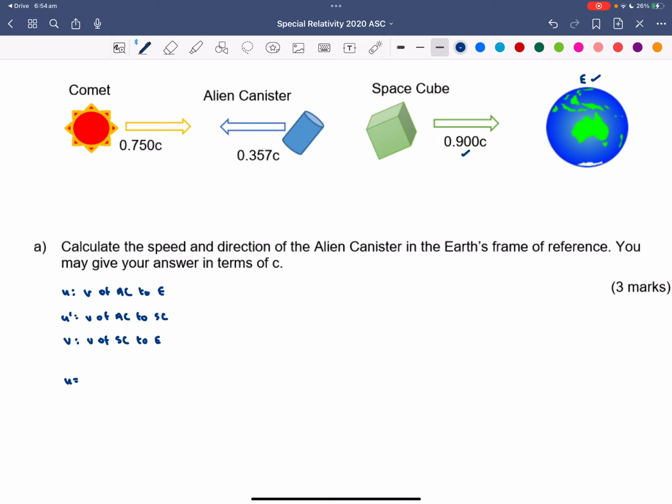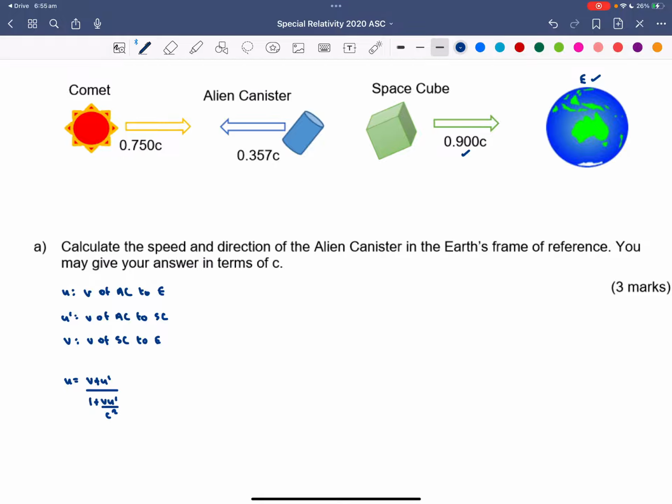As per the data sheet, the formula for U is V plus U dash. Well, that part's Galilean relativity, but to make it Einsteinian relativity, we have to divide by 1 plus V U dash on C squared. That's it. Now let's write down what they all are.